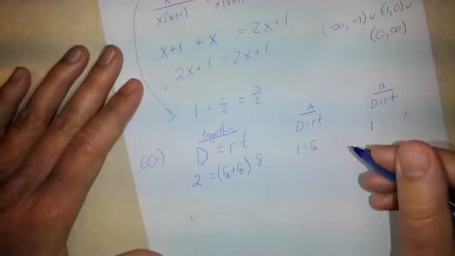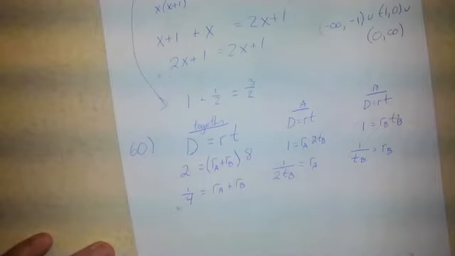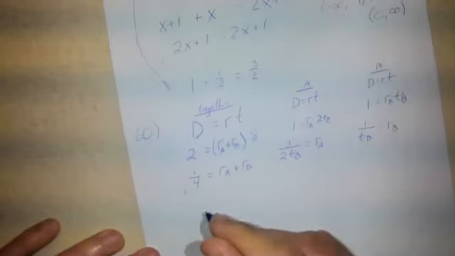Hope that all makes some degree of sense. I'm going to say that 1/4 equals the rate of A plus the rate of B. Speaking of the rate of A, I'm going to say that it is 1 over 2 times the time of B. And over here, I'm going to say that it is 1 over the time of B, which is that rate of B. I'm going to substitute both my rate of A and my rate of B back in over here.